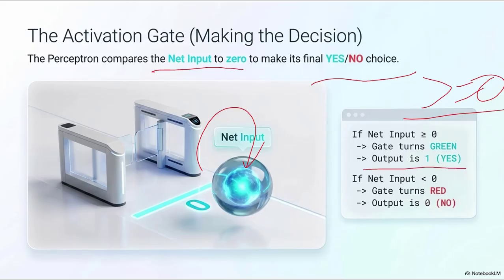And if the net input is less than 0, the gate turns red. That is just an example: if the gate is opening, we have marked the color as green, and if the gate is closed, it is marked with a warning as red, just as a symbol. So if the net input is less than 0, then the output will be 0 and the answer will be no.